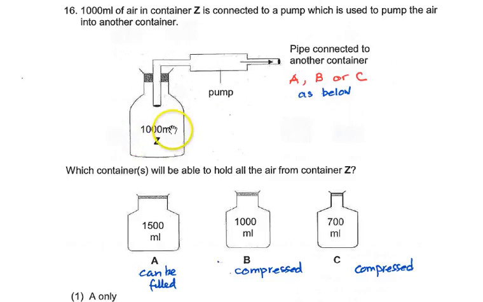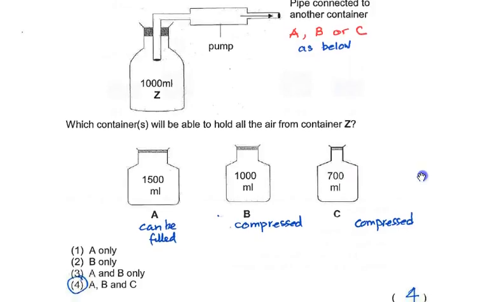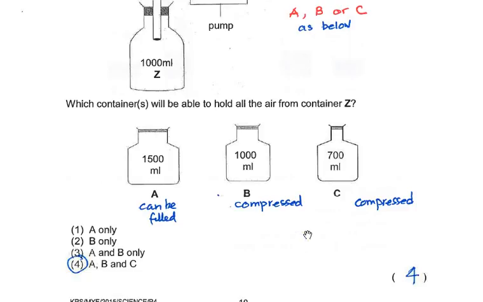After pumping up, can all this air be placed inside here or here? Now this is quite easy. If you understand that air can be compressed, the answer is 4. This is bigger than this, the volume inside, so it can go in. Exact size, no problem. Even though it's smaller, it can be compressed. Answer is 4. 3 containers can be done.